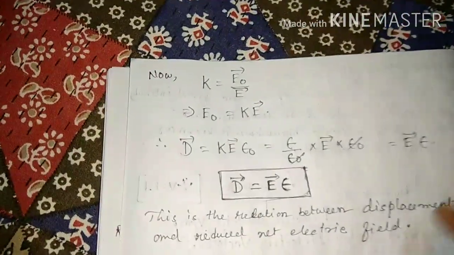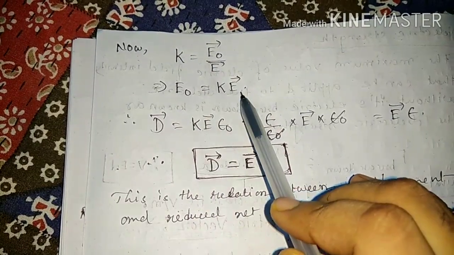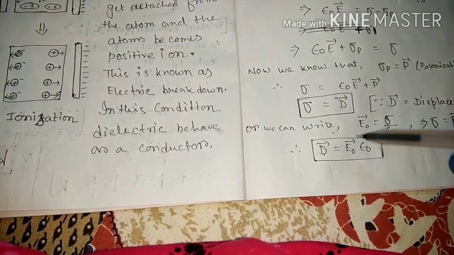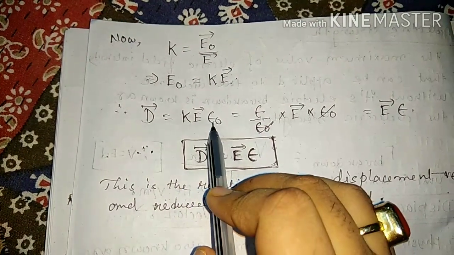Another one: from the definition of dielectric constant, K equals E0 by E, so E0 equals K into E. In place of E naught we can write K into E, so D equals K into E naught into epsilon naught.